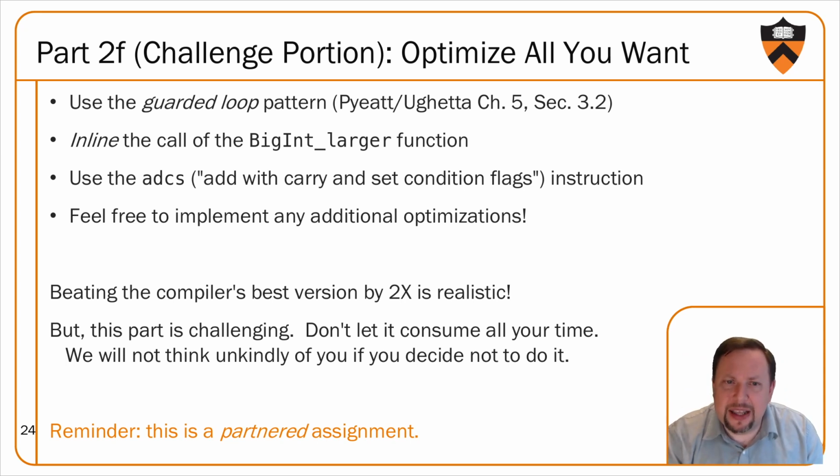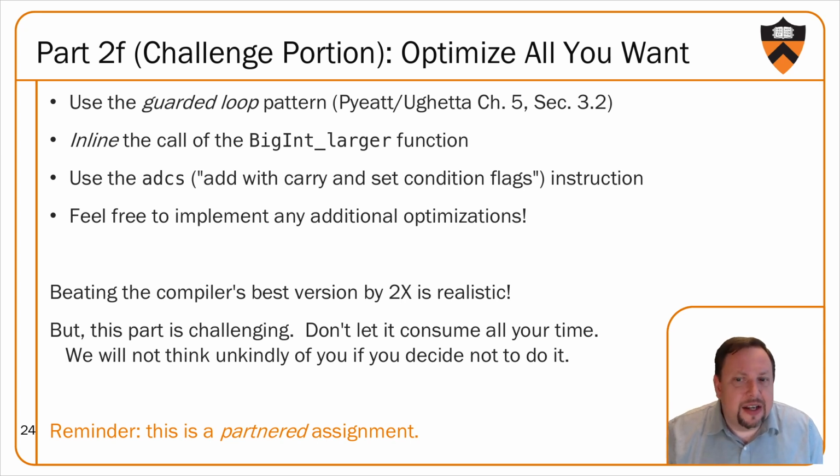Feel free to implement any additional optimizations. There certainly are ones that you can implement to make the code run even faster. And if you implement enough of these optimizations, it's actually pretty realistic to beat the best version created by the compiler by something like a factor of 2. On the other hand, this is challenging.